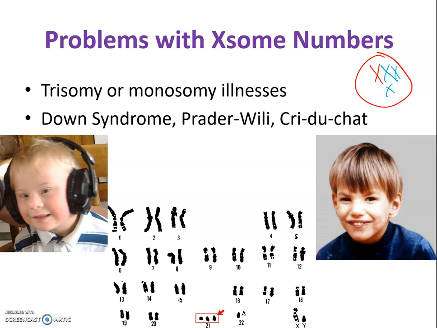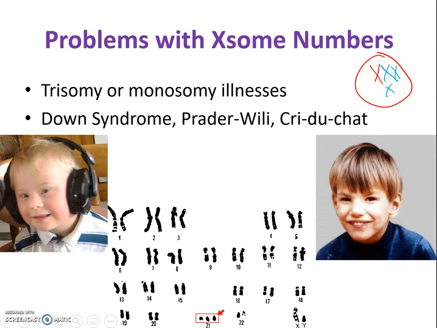There are some other ones like Edwards syndrome, Patau syndrome, and other trisomy or monosomy illnesses that 90 to 95%, if not higher, will result in a miscarriage or an unviable pregnancy. That's why we're all very fortunate if we have the correct number of chromosomes to be at least phenotypically or genotypically normal.